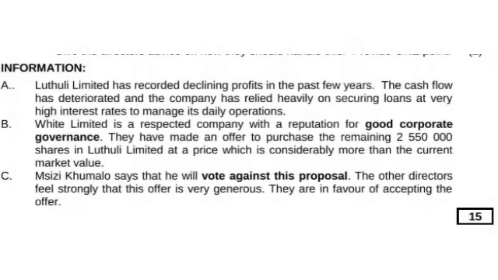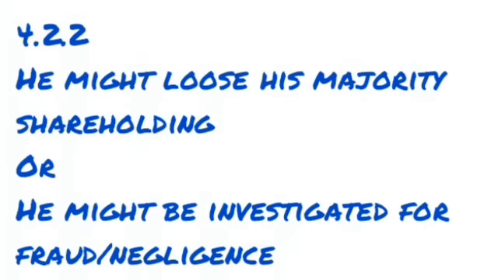They are in favor of accepting the offer. So the situation that we have here is the company is doing badly. Here comes another company that has very good corporate governance, and our CEO is saying no. Why would the CEO say no to another company trying to give us a solution, and this is a company that has good corporate governance?